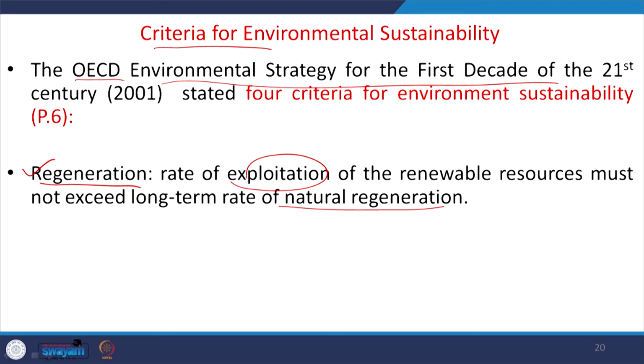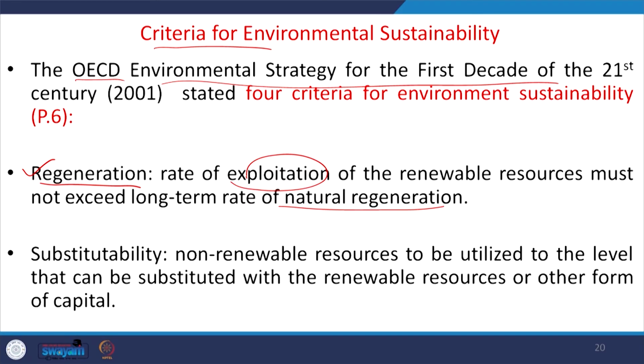So, the first criterion is that exploitation of natural resources should not exceed the rate of natural regeneration of those resources. And the second criterion is substitutability. Here it highlights that the non-renewable resources that we are utilizing for our economic expansion or production can be substituted with renewable resources or other forms of capital.